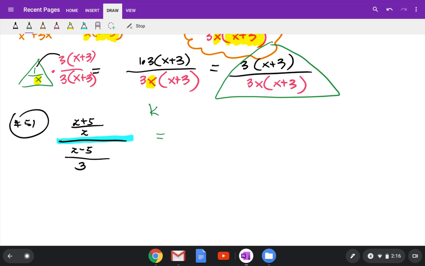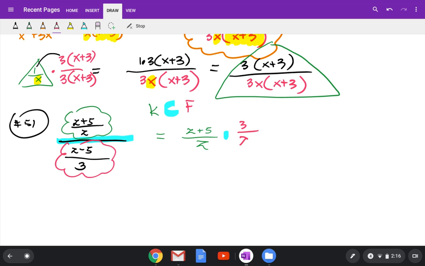So keep the top fraction, which is z plus 5 over z. Change means change that division to multiplication. And flip will be flip over the bottom fraction, which will be 3 over z minus 5. And now we're ready to multiply.